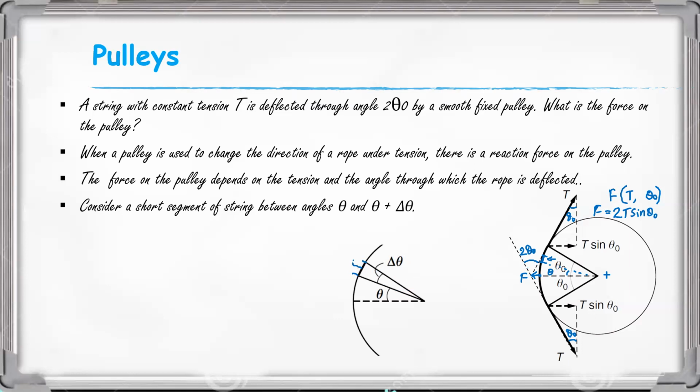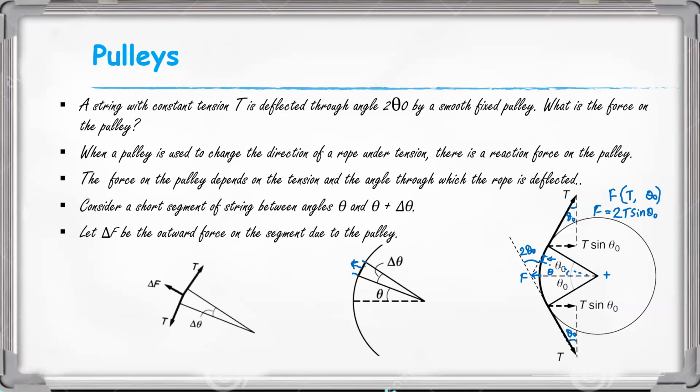Then we also consider that the outward force on this segment be delta F, and the tension on the pulley is T here, and also in this direction also T.